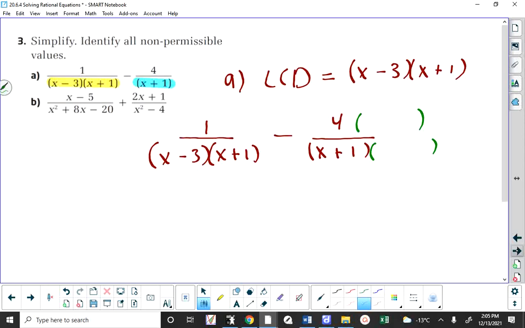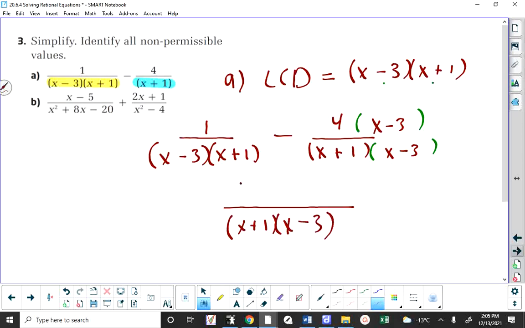Basically, you're multiplying the top and the bottom by the pieces of the denominator that are missing. So I have to multiply top and bottom by x minus 3. Now we can put them together, and we have 1 minus 4 times x minus 3. And then you simplify that.